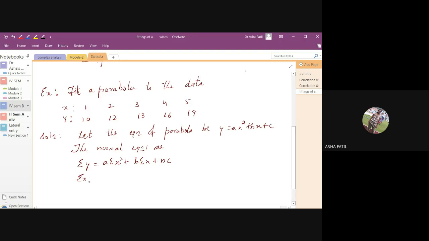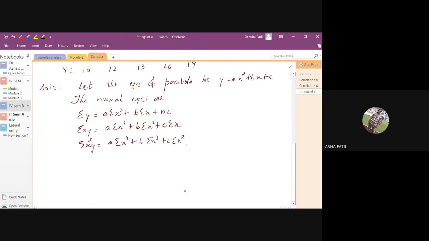Summation xy equal to a into summation x cube plus b into summation x square plus c into summation x. We are multiplying by x here. In the next, we are multiplying by x square. It becomes a into summation x raised to 4, b into summation x cube, and c into summation x square. These are our normal equations.